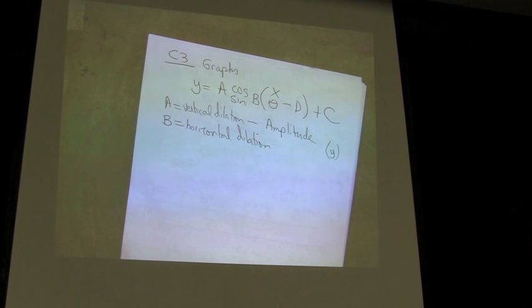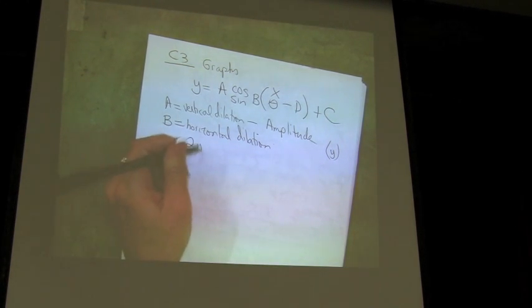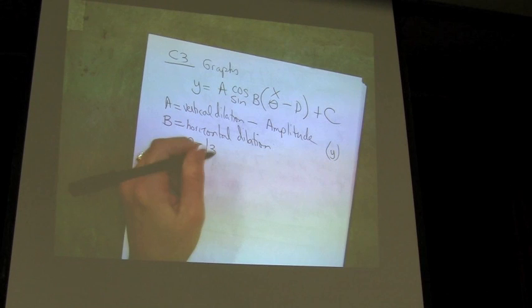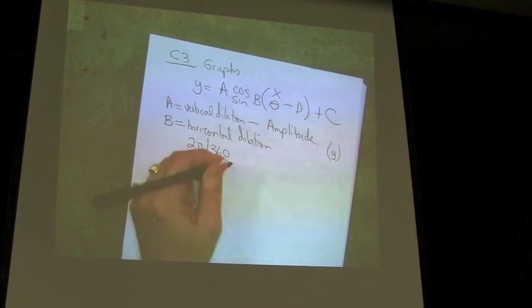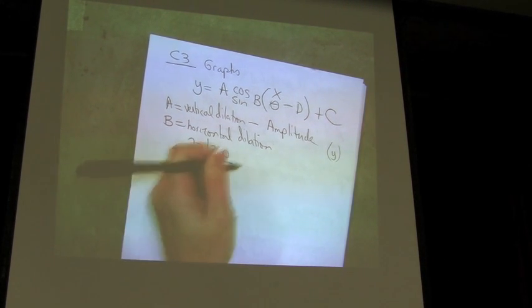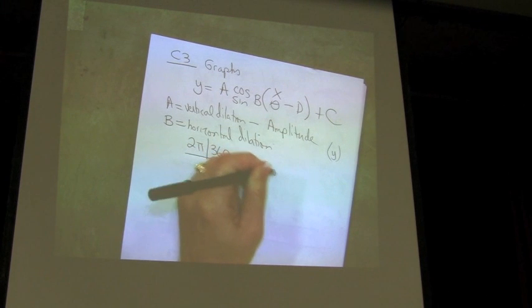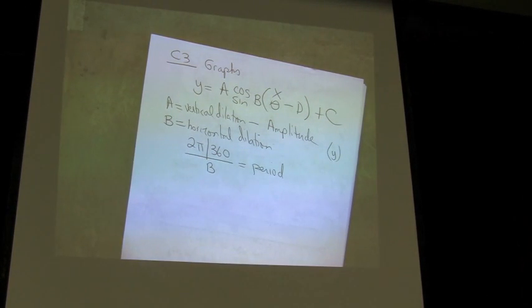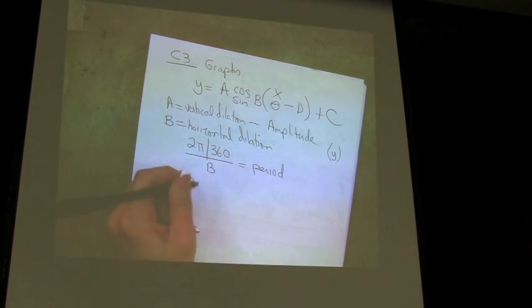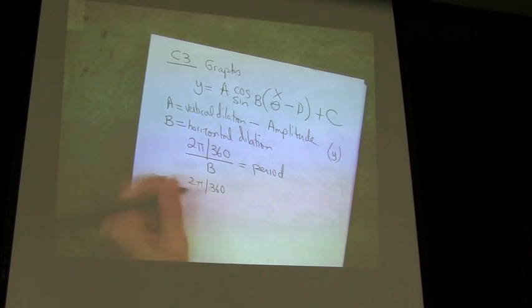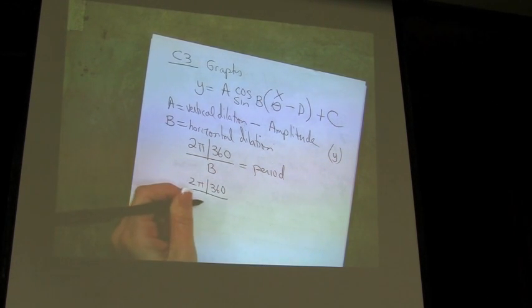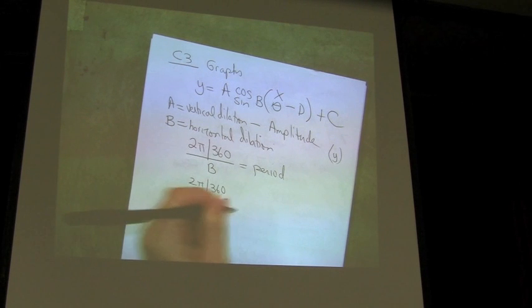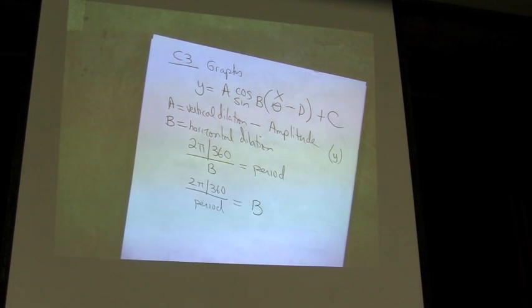And the relationship goes like this. 2 pi or 360 divided by B will give you the period of the function. And conversely, 2 pi or 360 divided by the period will give you your value of B. And so do make sure you keep that straight.